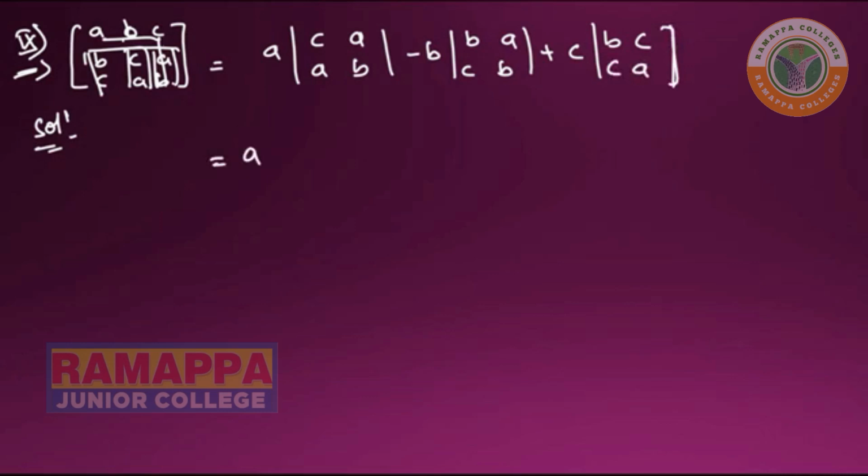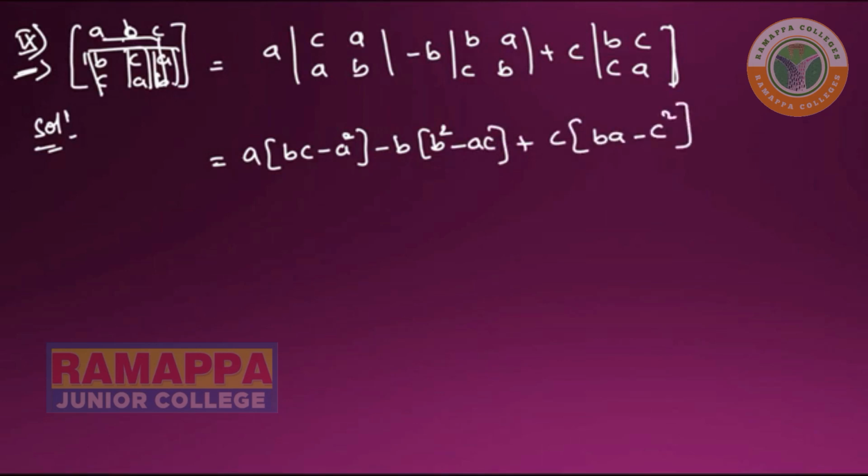So what it will become? A into BC minus A square, here minus B into B square minus AC, plus here C into BA minus C square. So this will come. So again A into ABC minus A cube, this A into A square.